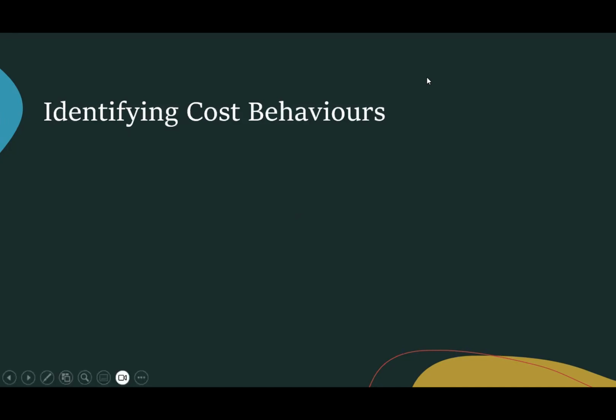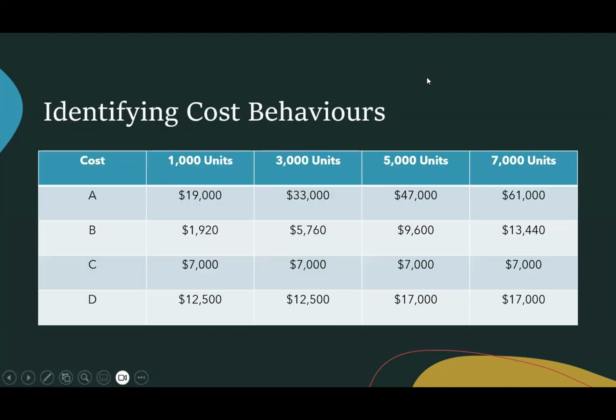Now, moving further, we have how we can identify cost behaviors. Okay. Now, here you have four different types of cost: cost A, cost B, cost C, and D. And this is the level of activity over here: 1,000, 3,000, 5,000, 7,000. You can say maybe it's cakes.